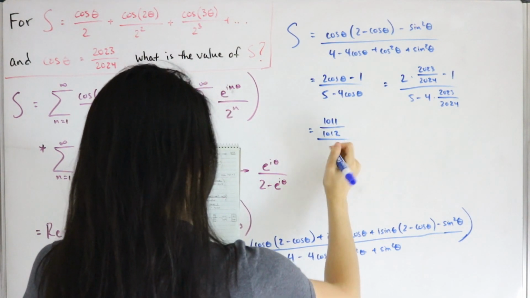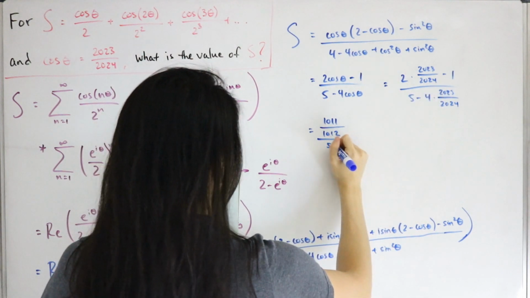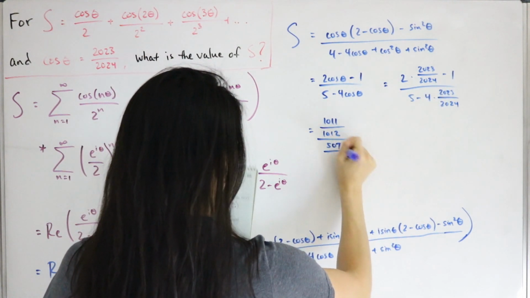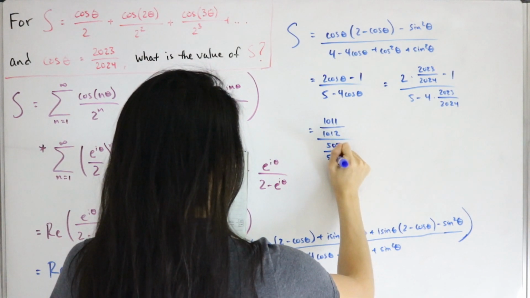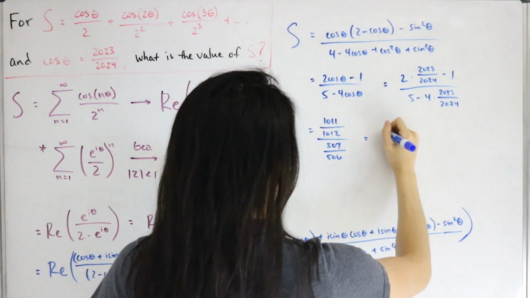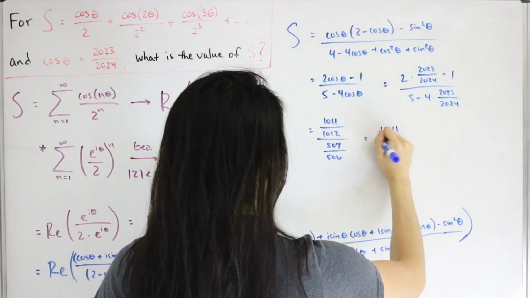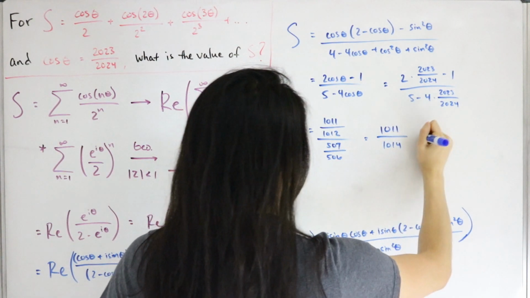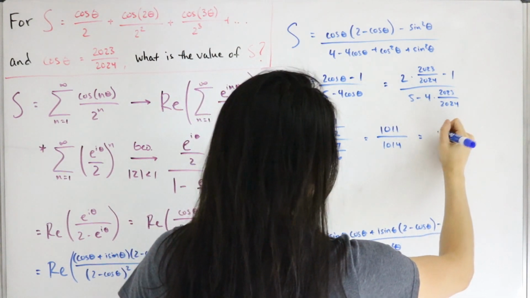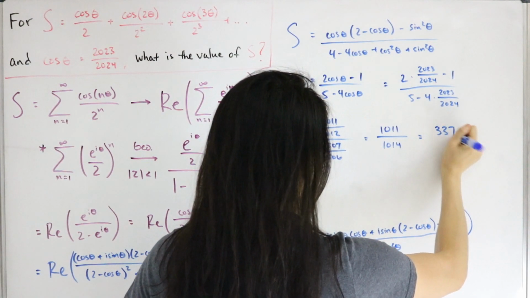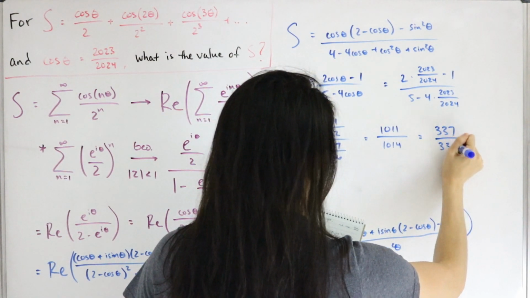That's just the numerator, divided by, now do this multiplication over here and simplify. We have 507 divided by 506. We can reduce this even further to yield 1011 divided by 1014. Simplify down even further to get that our final answer is that S is going to equal 337 divided by 338.